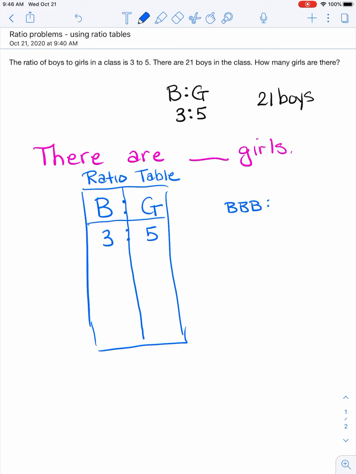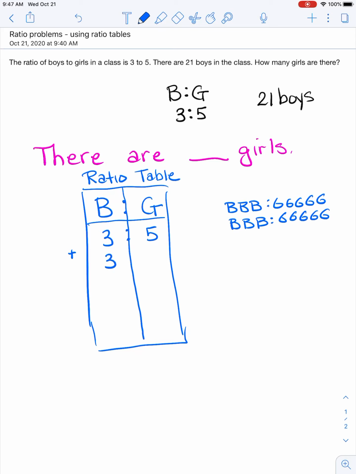That represents the 3 boys to 5 girls. And if you remember, we said this is a great strategy, but it's too time consuming. So that represents the first line in my table, 3 to 5. What if I wanted to repeat that pattern? What would I do?